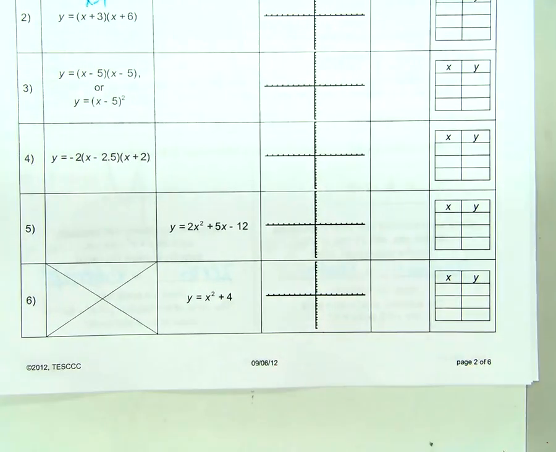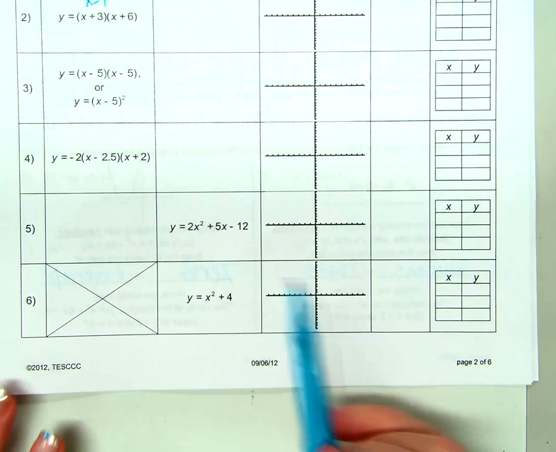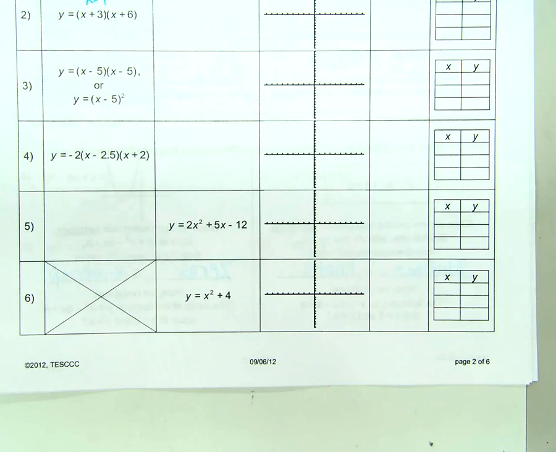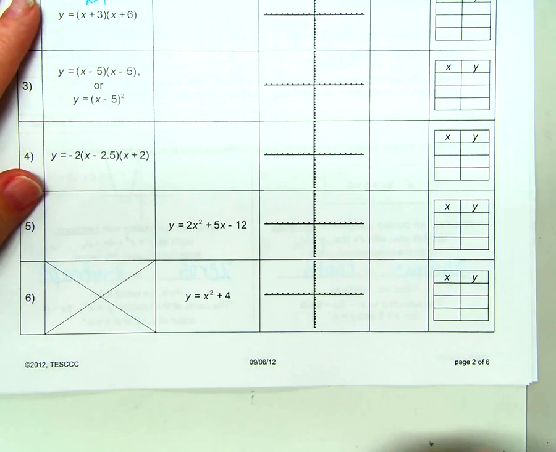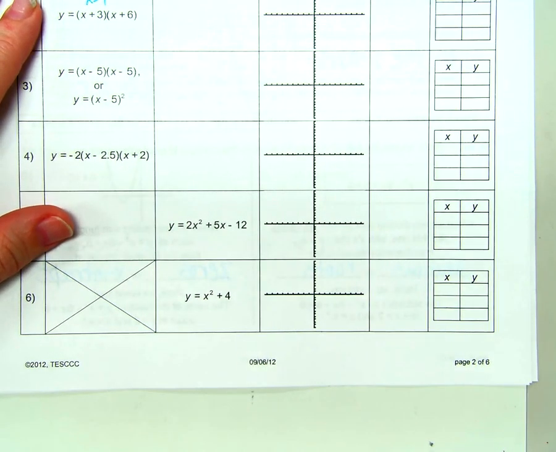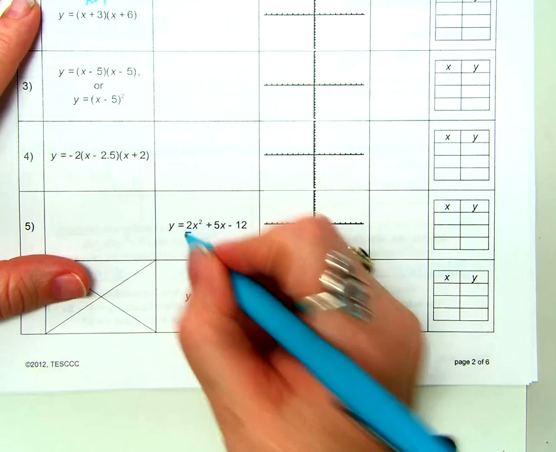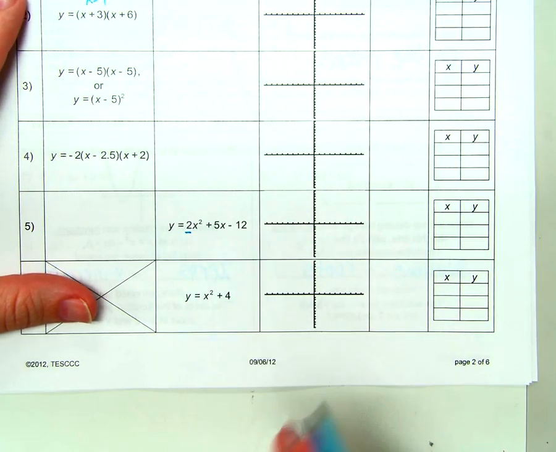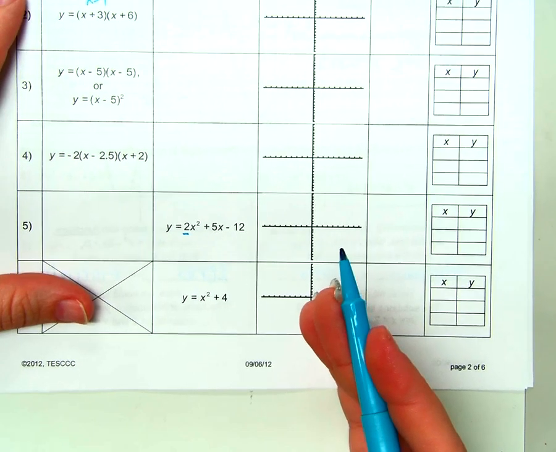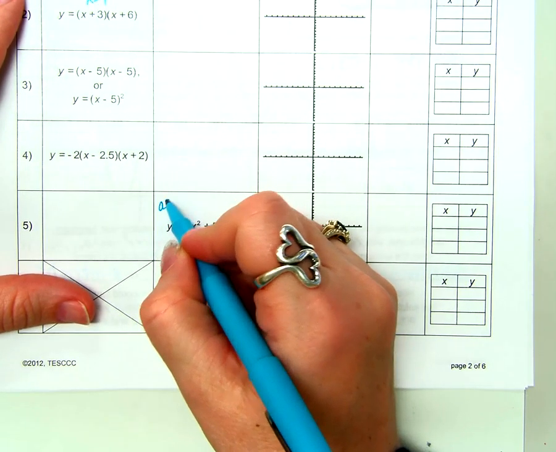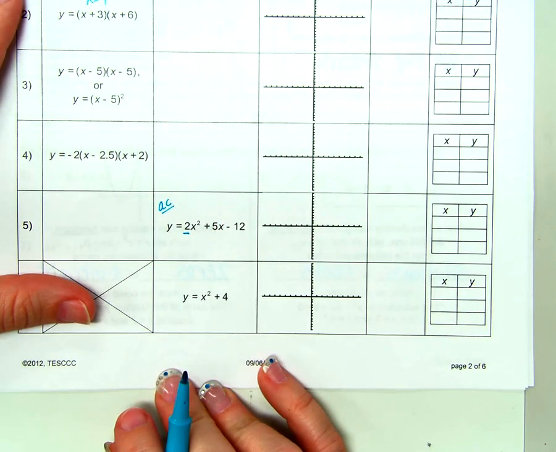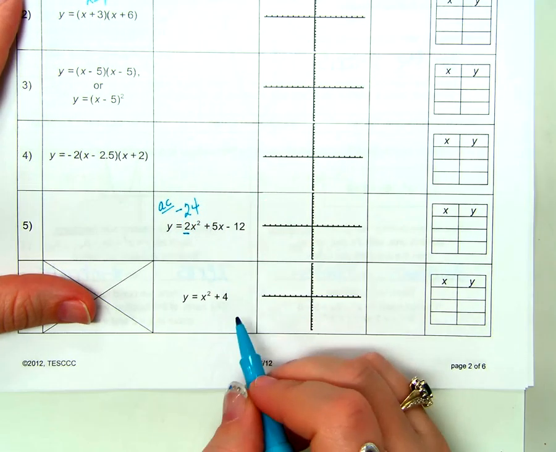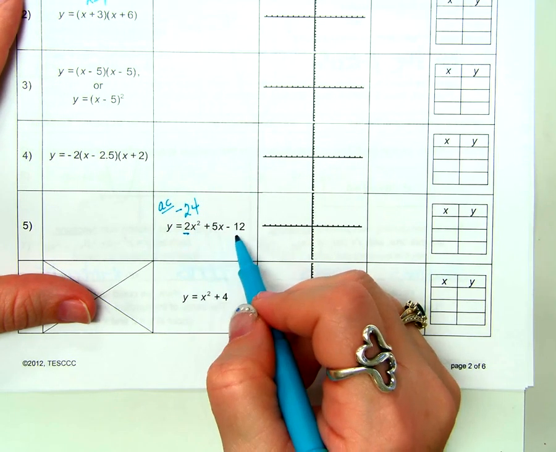Number 5 starts with the expanded equation, so we have to get to the factored equation to see the factors, right? This is a trinomial with a leading coefficient of 2, and I cannot divide that 2 out. So what do we do? What's AC? Negative 24. A times C, right?